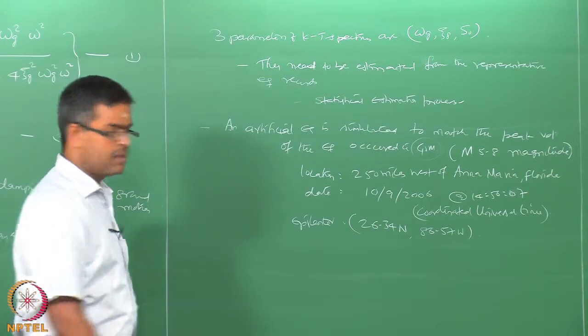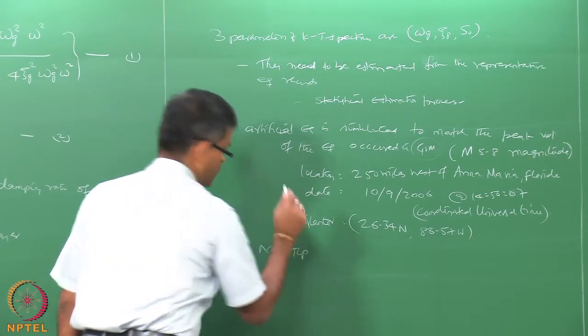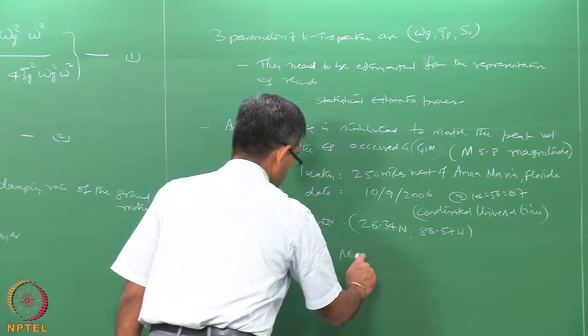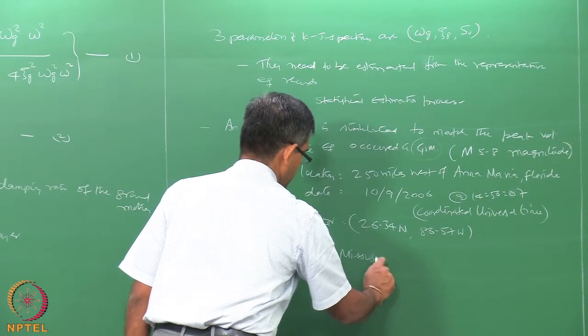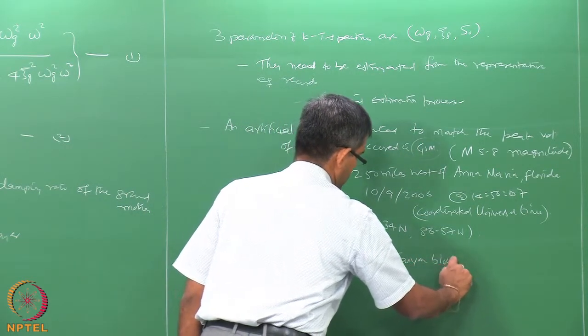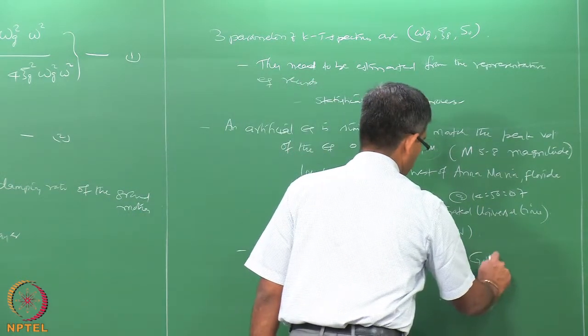Interestingly, there is a Mars TLP which is operating in the Mississippi Canyon block, which is also located in the Gulf of Mexico.